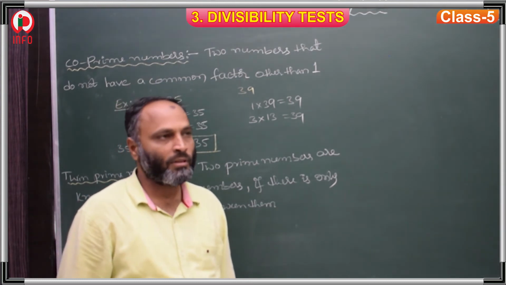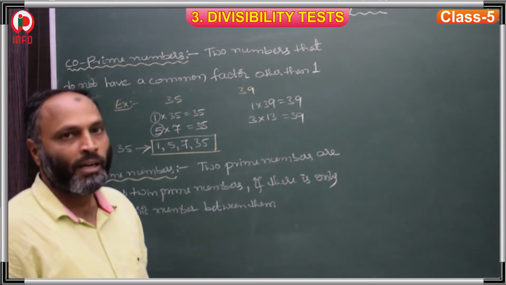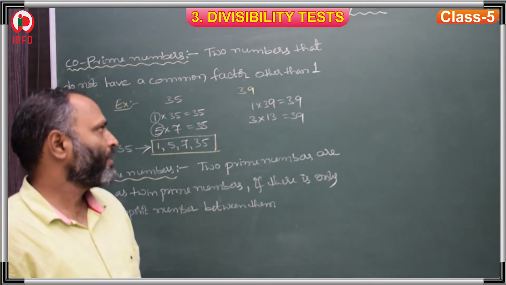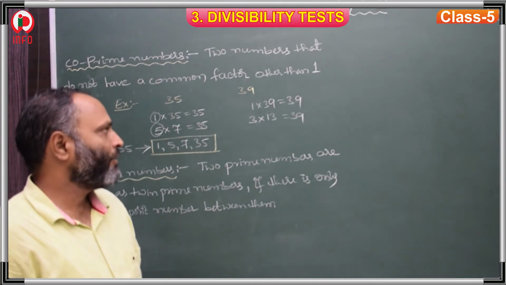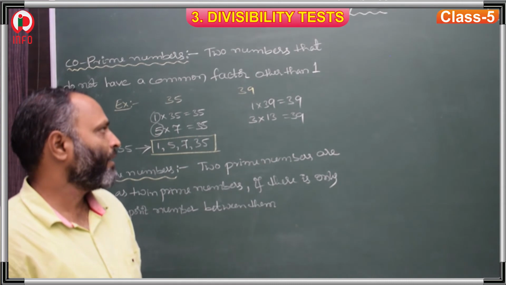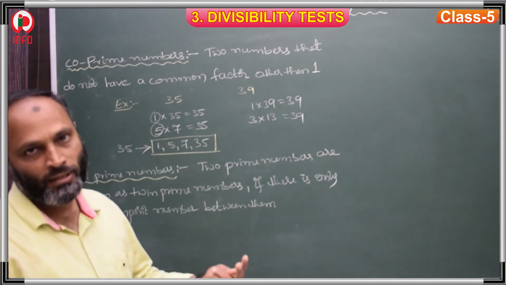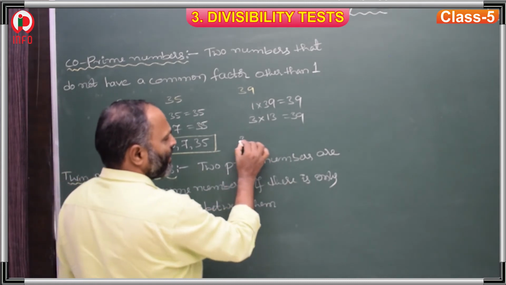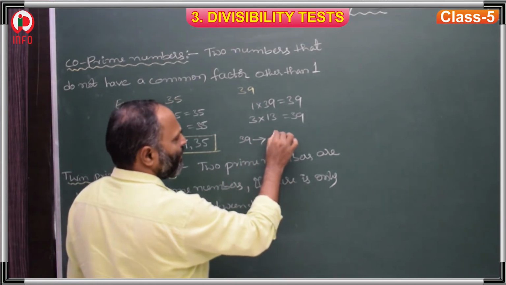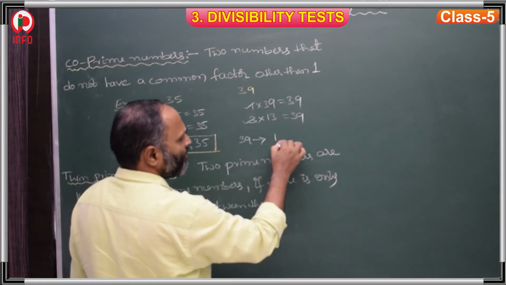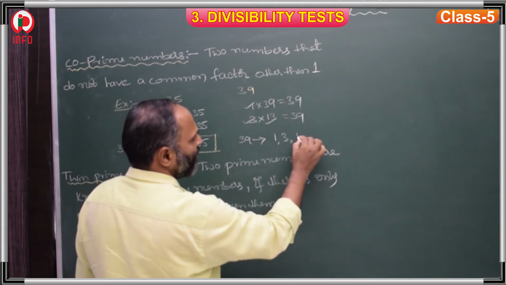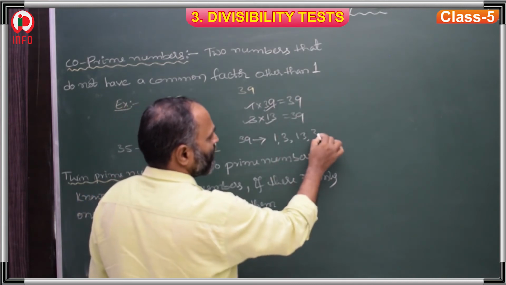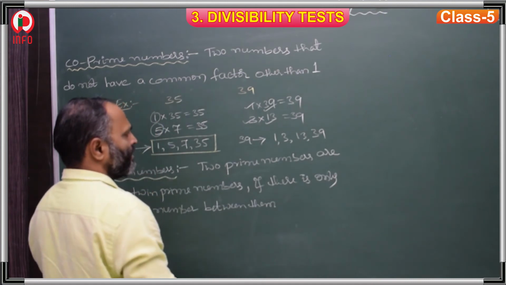In the 5 table, the last digit is not 5 or 0. Then 6, no. 7, no. 8, no. 9, no. 10, no. 11, 12, also not. 13 is already there. So the factors of 39 are 1, 3, 13 and 39. These are the 4 factors.